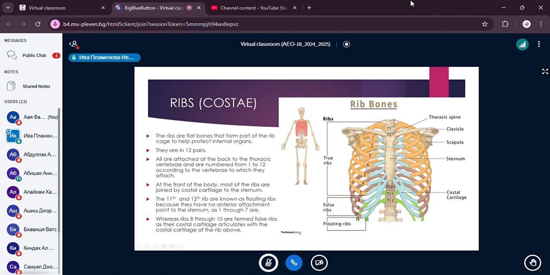You can see 8 to the 7th, 9th to the 8th, 10 to the 9th. They don't attach to the sternum, only to this cartilage part. So true ribs from 1 to 7, false ribs from 8 to 10, and floating ribs are 11 and 12.